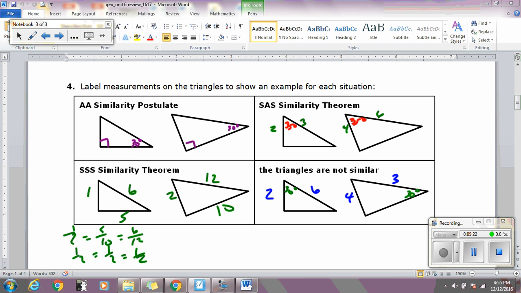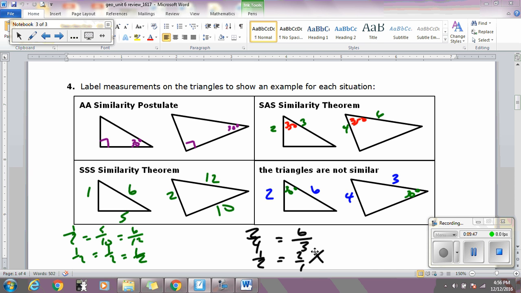In other words, 2 to 4 is not the same as 6 to 3. If I reduce 2 to 4, that gives me 1 over 2. But if I reduce 6 over 3, that gives me 2 over 1. So the sides are not proportional, which the sides have to be if they're going to be similar.